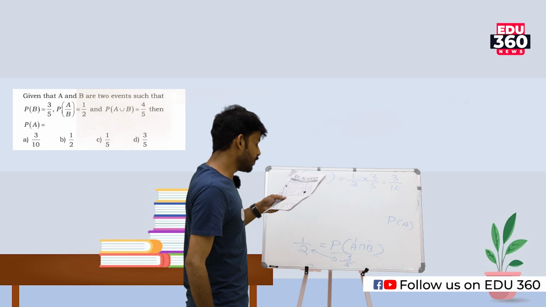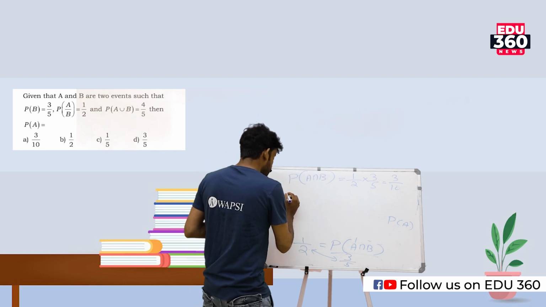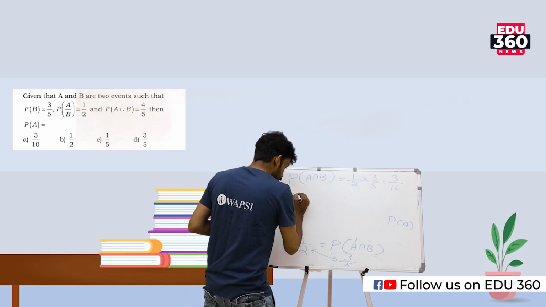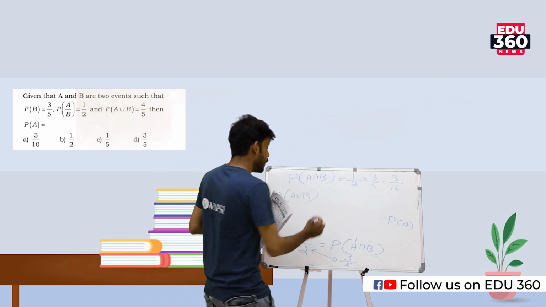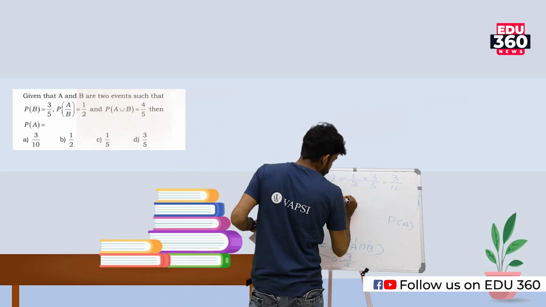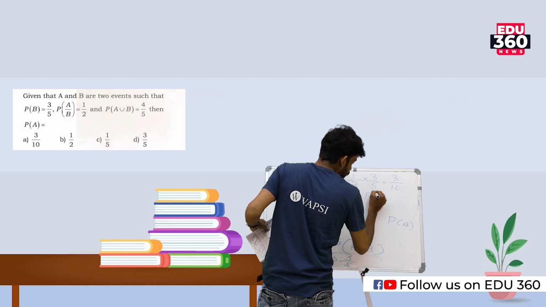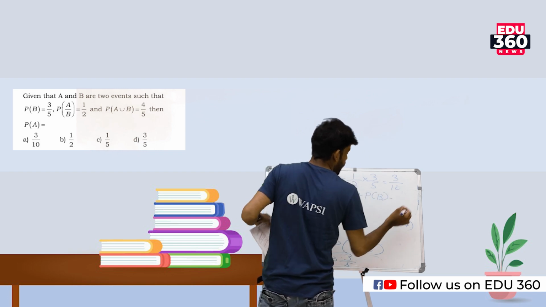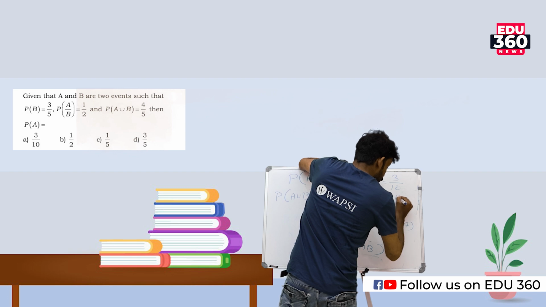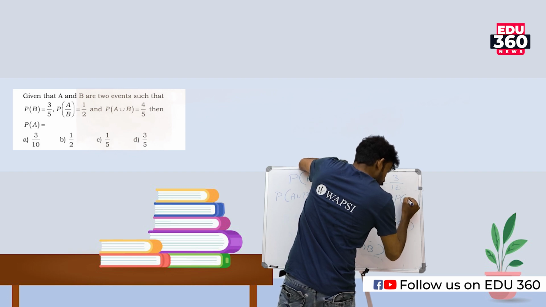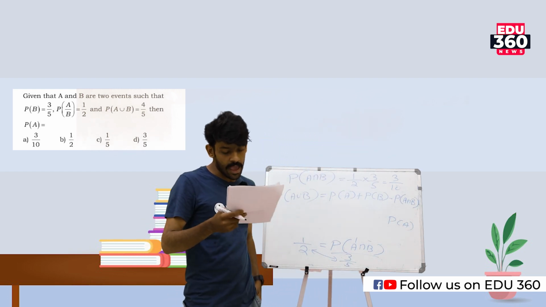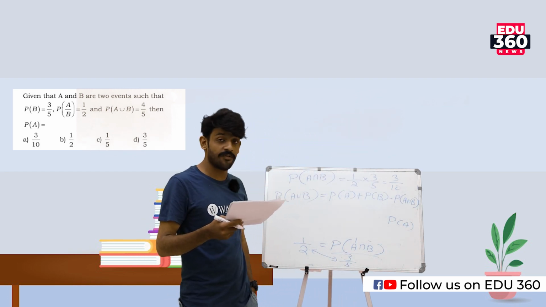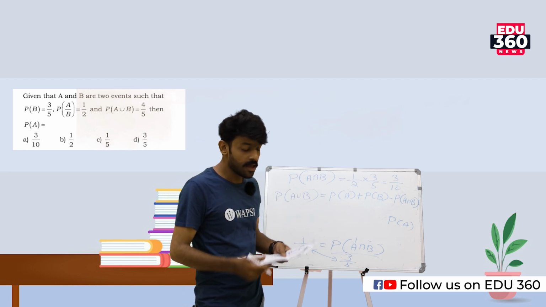So we know this equation: P(A ∪ B) is equal to P(A) plus P(B) minus P(A ∩ B).